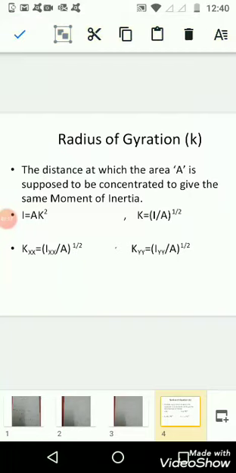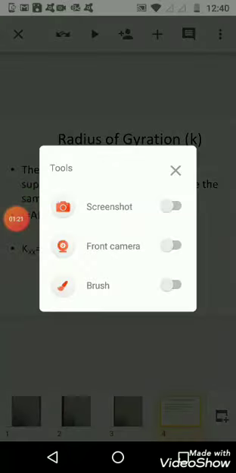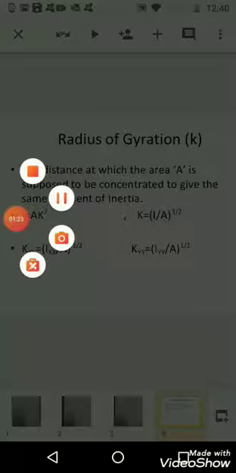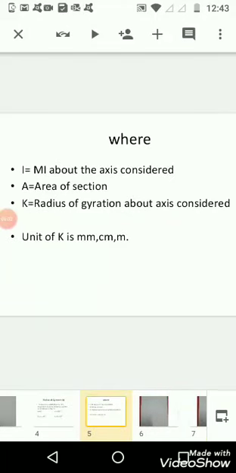Next slide. Where I is equal to moment of inertia about the axis considered, A is area of section, K is radius of gyration about axis considered. Unit of K is millimeter, centimeter and meter.